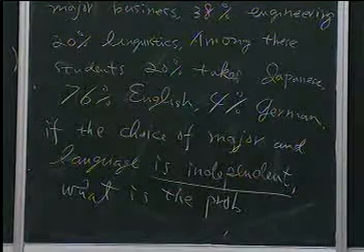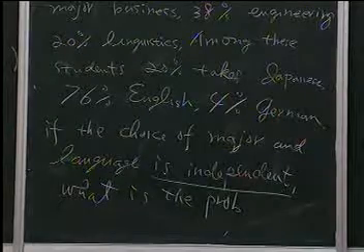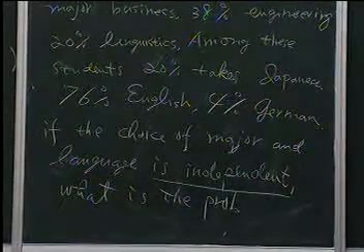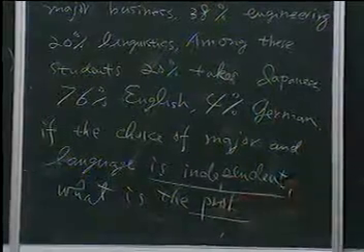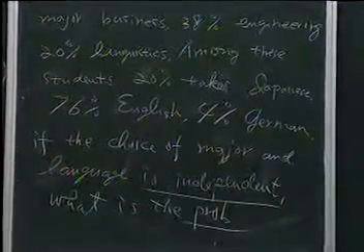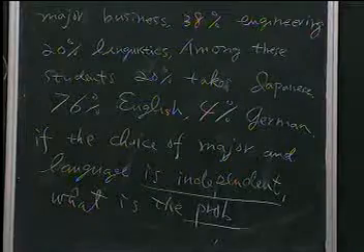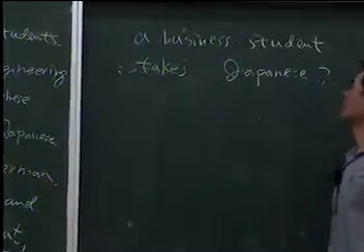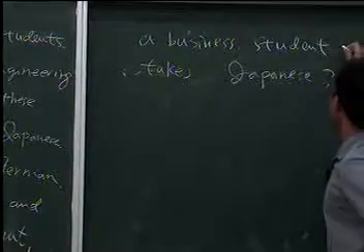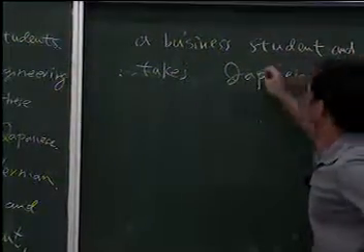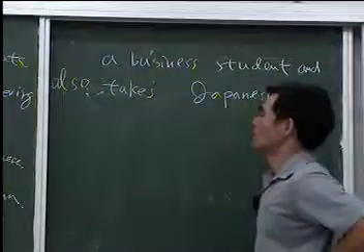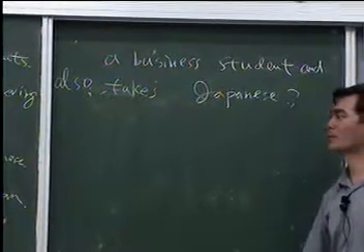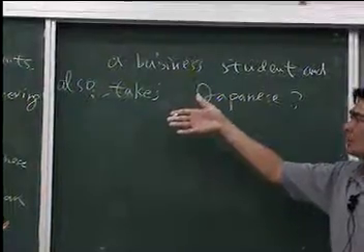German. So then, in this case, what is the probability? So later on, when I put down probability, I'll just put down PROB. It's easier that way, okay? What is the probability that you get a business student and also takes Japanese? Okay, what's the probability? You have these numbers, okay?